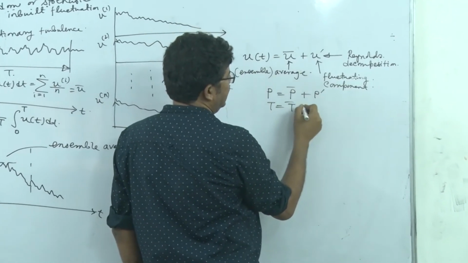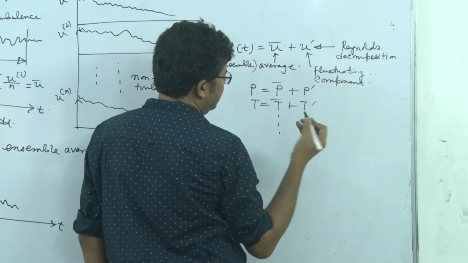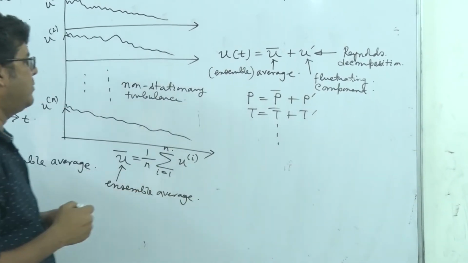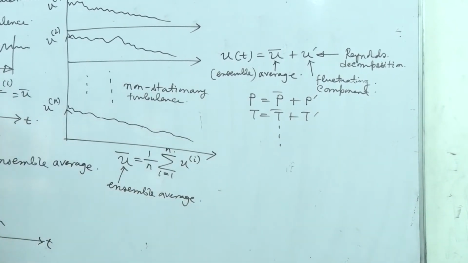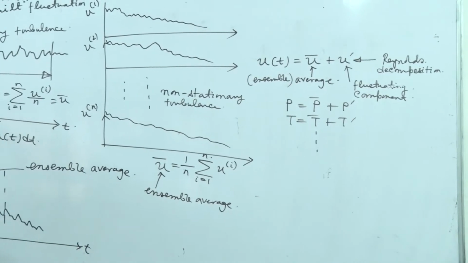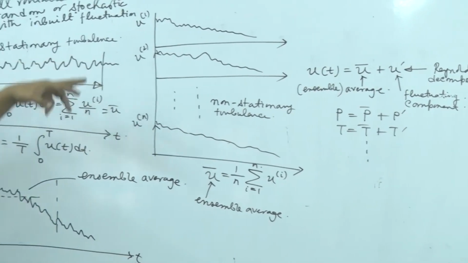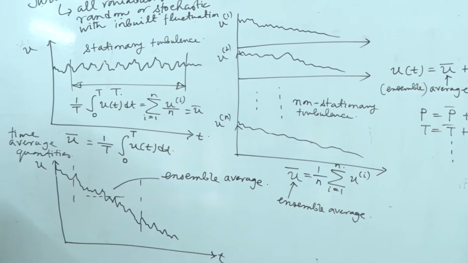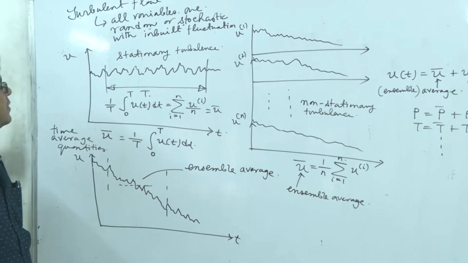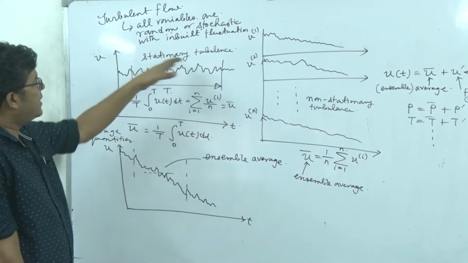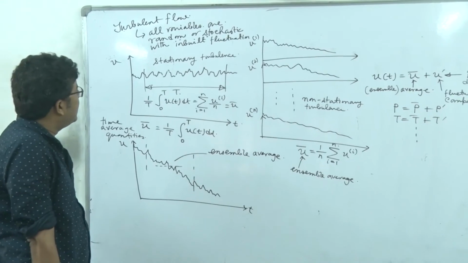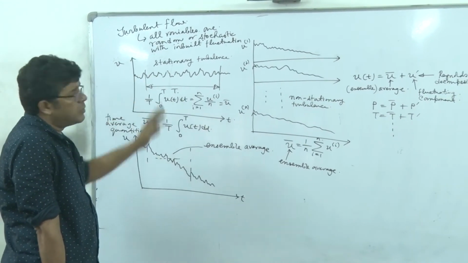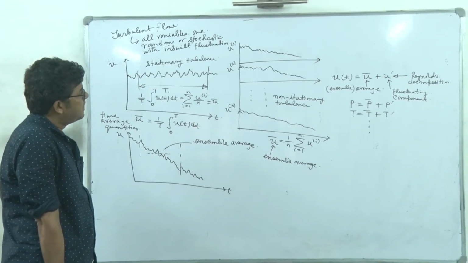Temperature we can write as T bar plus T prime, so on and so forth. All hydrodynamic variables you can express in this form. Now this fluctuation, for any standard turbulence, is in the order of say 10 to the power minus 8, 10 to the power minus 9 seconds, right?